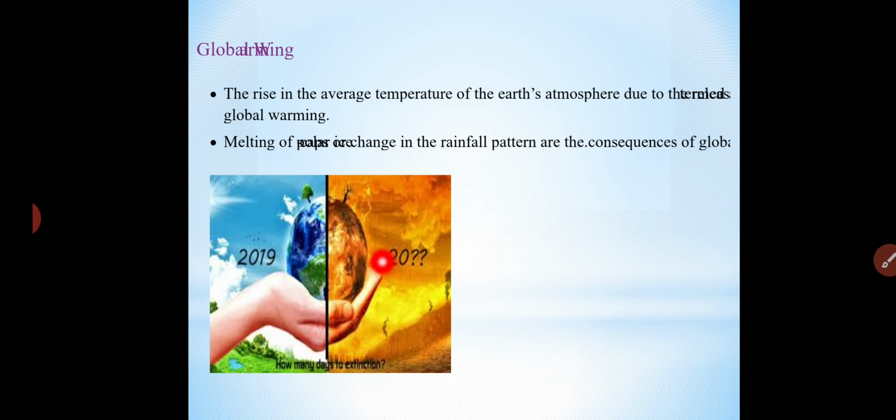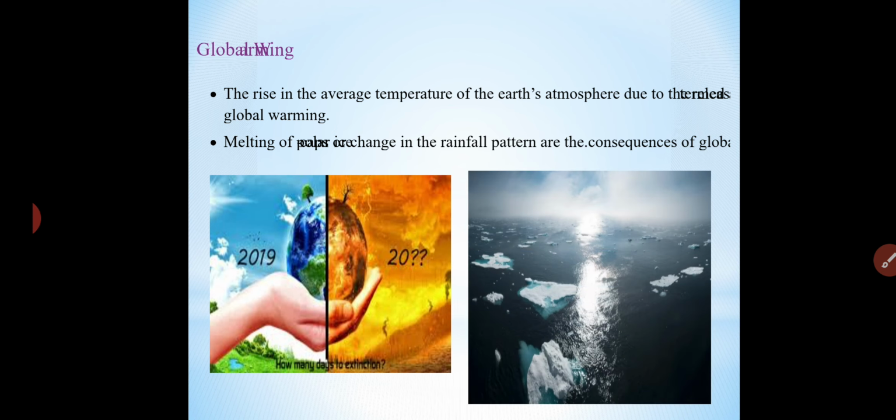You can see how our earth turns from green and blue to red as the heat increases because of global warming. The polar ice melts and converts into water. This is also because of global warming.